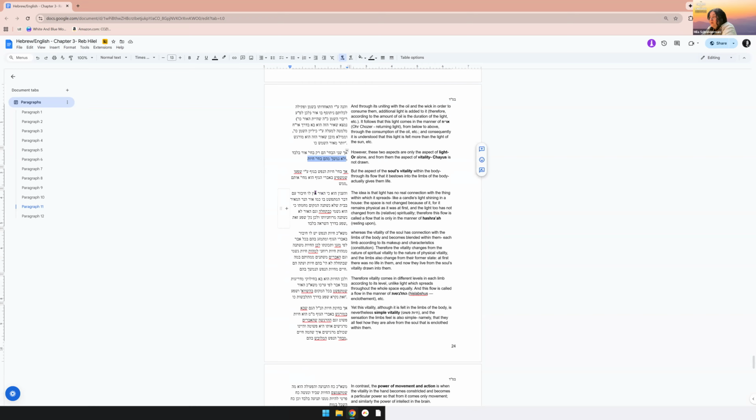He goes back to or. It doesn't actually connect with the thing that it shines upon. The thing doesn't actually change because it lights. And then he says, and therefore, later on, right?